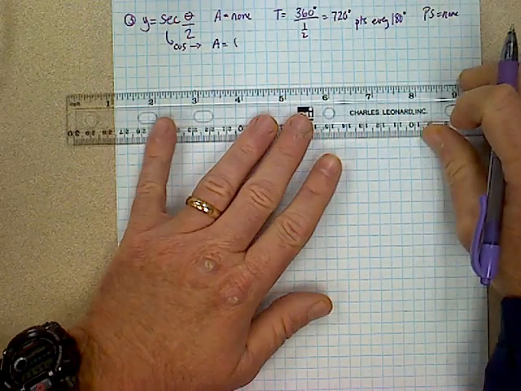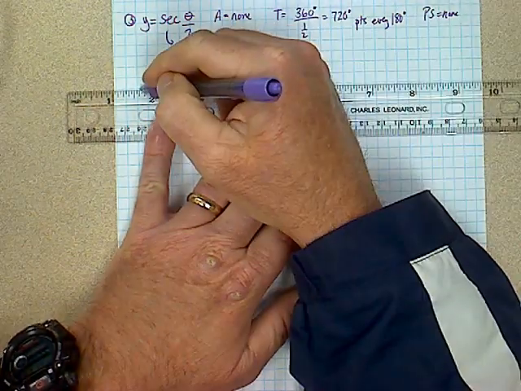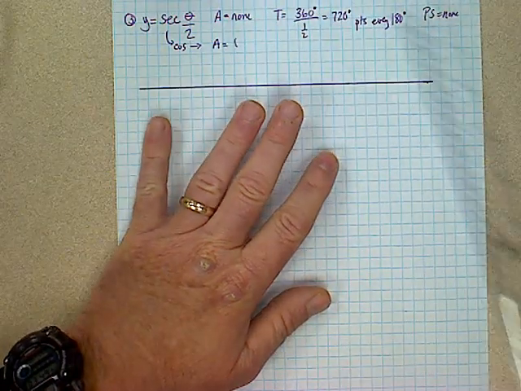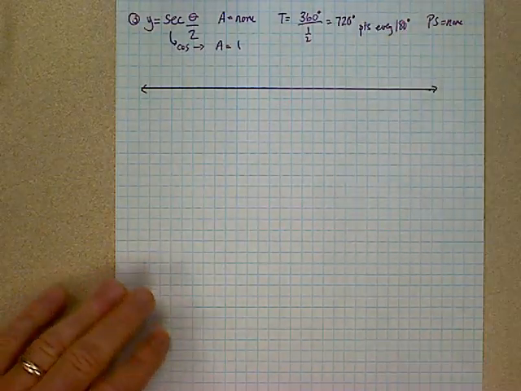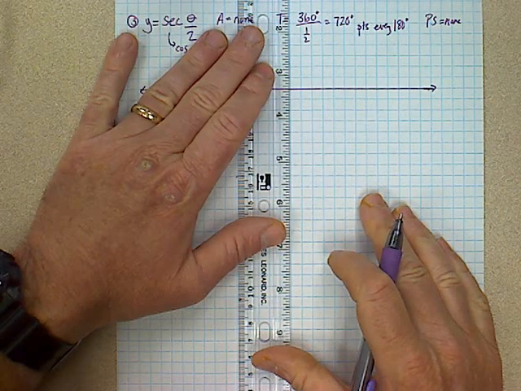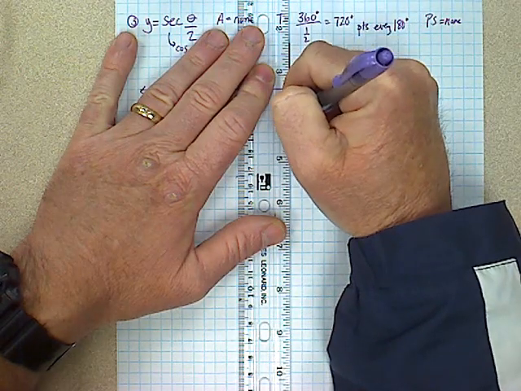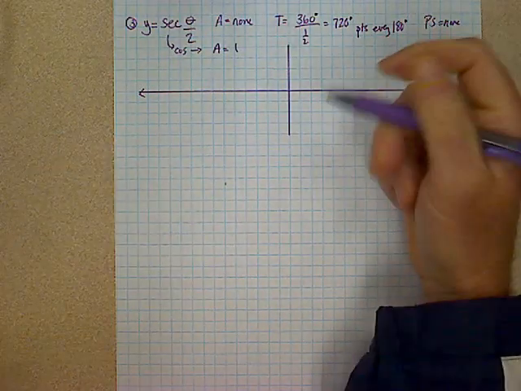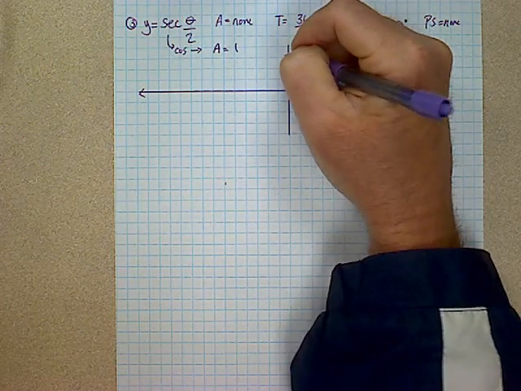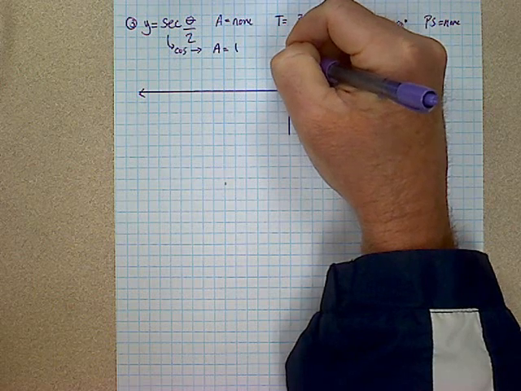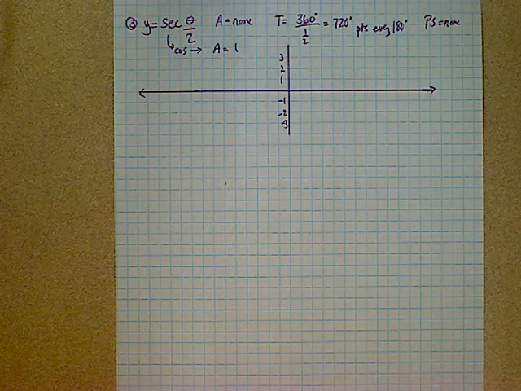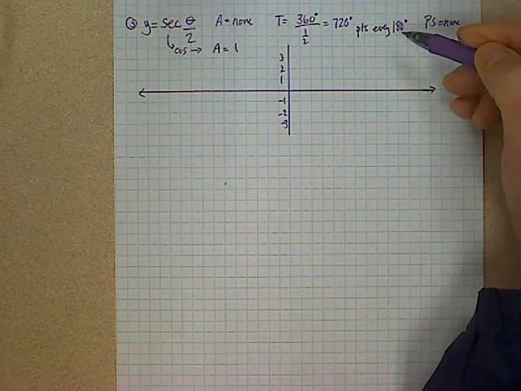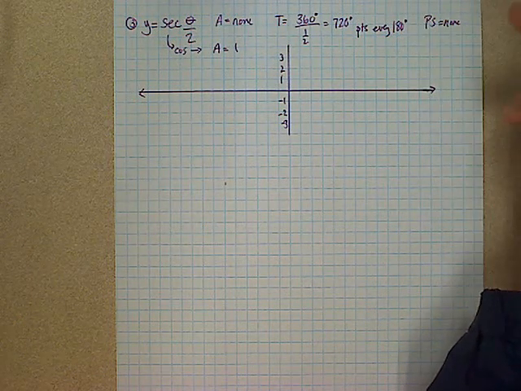All right, go ahead and set up your graph. So we will go 1, 2, 3 on our y-axis, and let's see, we've got points every 180.